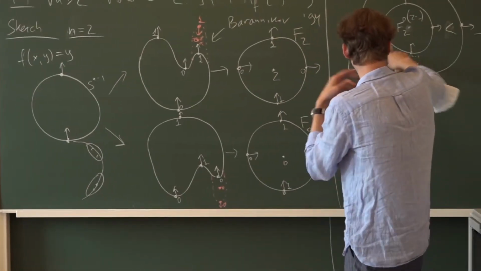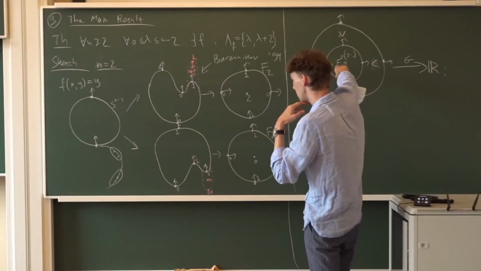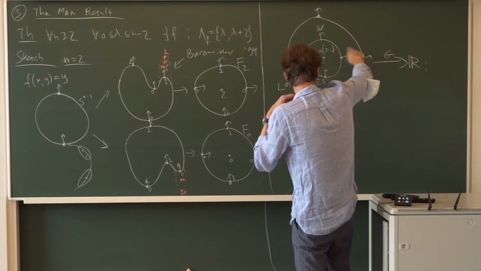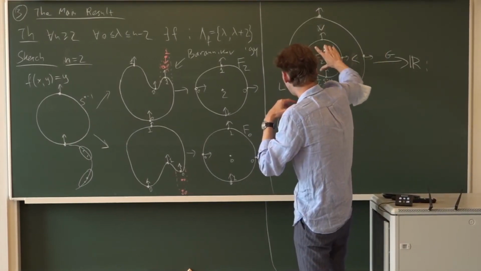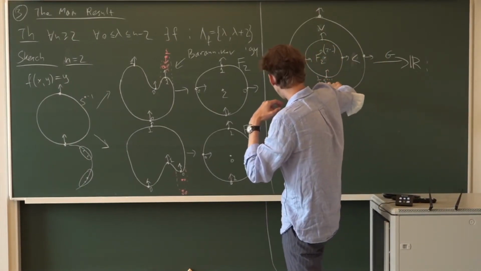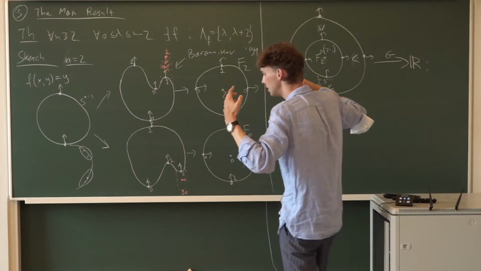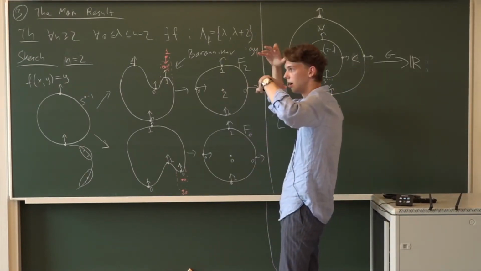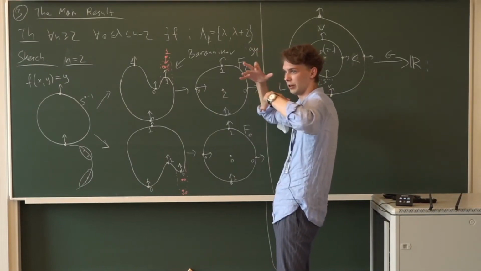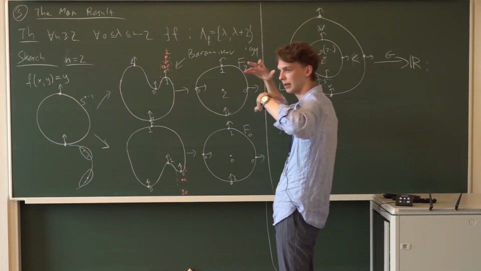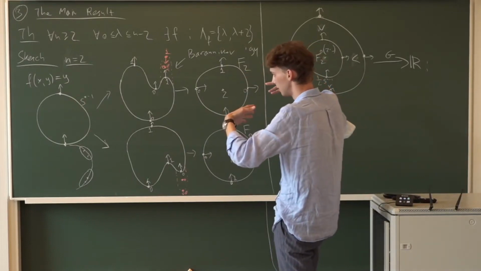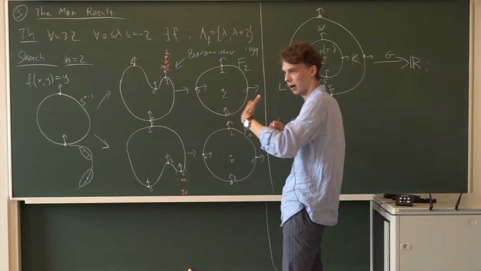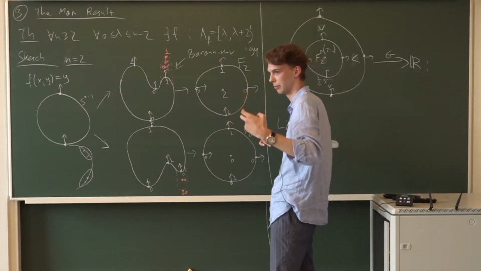And you do basically the same, and you can connect the functions f lambda and f lambda plus 2 exactly because there is a single vector field for them, such that the derivatives of these functions along this field are positive away from the critical points.